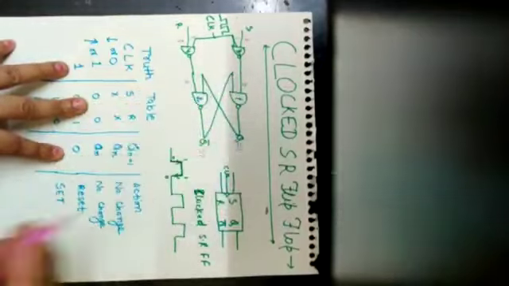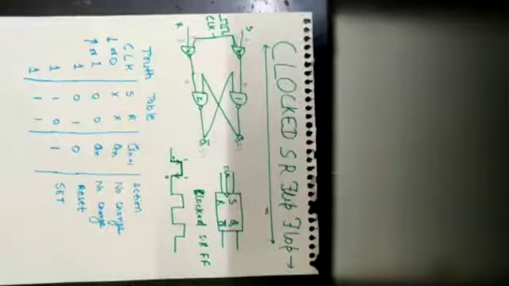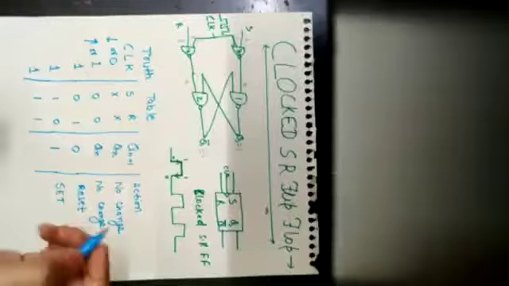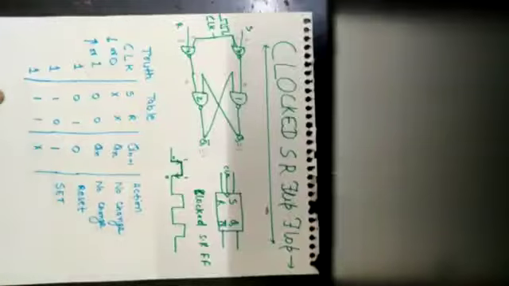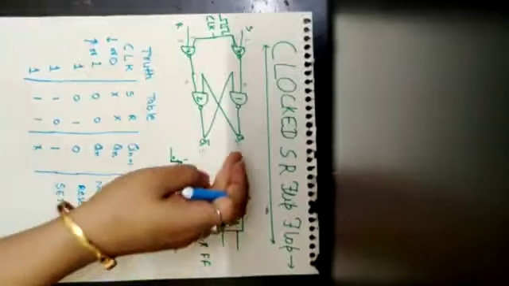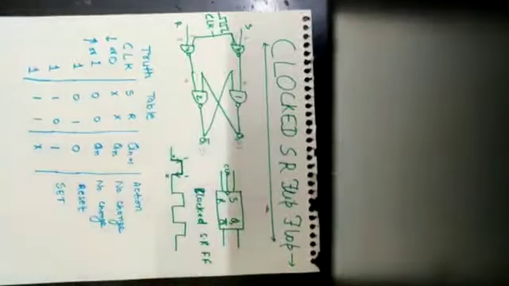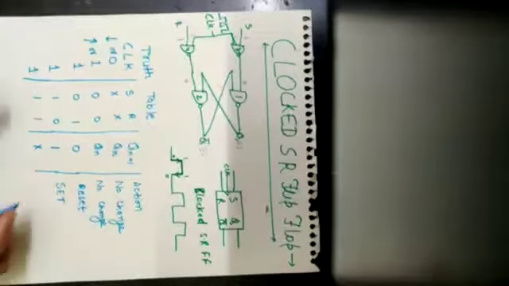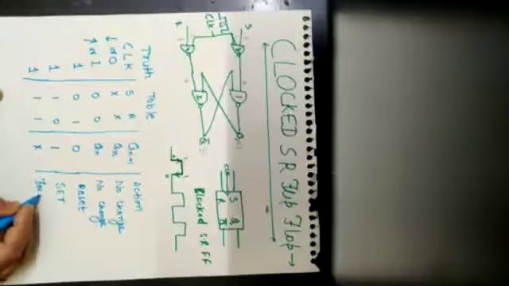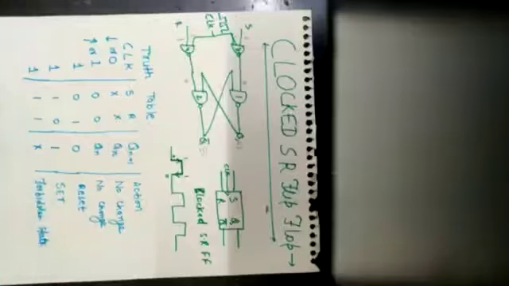Means both outputs come to be the same value. I already told you that this is the don't care condition, because the flip-flop will be confused about which value to store. It violates the basic definition that both the outputs must be the complement of each other. So that state is the forbidden state. We never want to impose the input condition that S is 1 and R is 1, because it will not match the basic definition of the flip-flop.